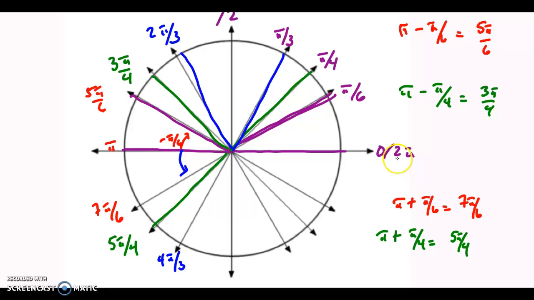Now, we have a 0, we have 1/2 pi, we have a full pi. This one's going to be 3/2 pi. And then finally, we can do 2 pi minus pi over 3 to get this angle in blue. So 2 pi minus pi over 3 is going to be 5 pi over 3.